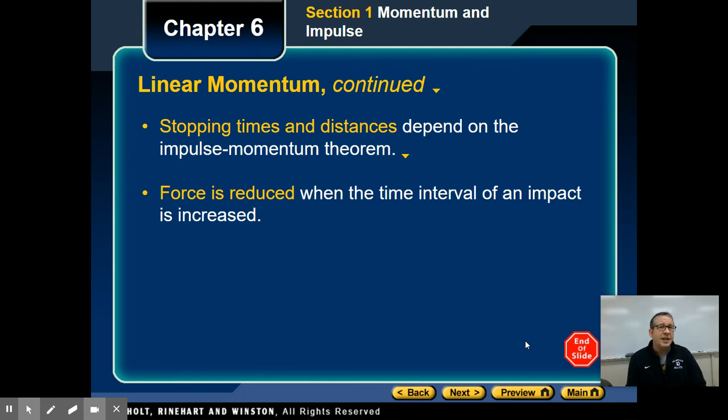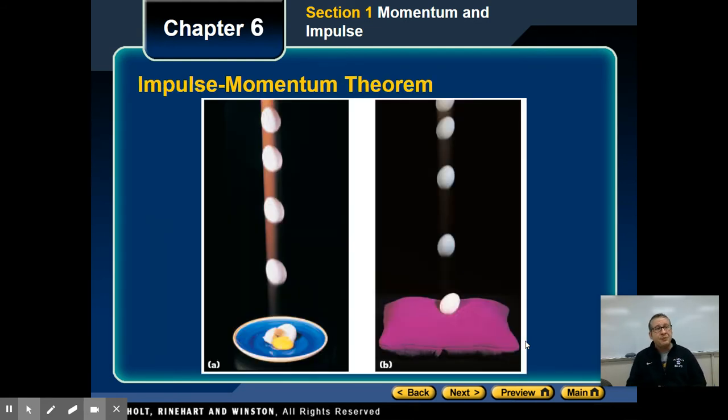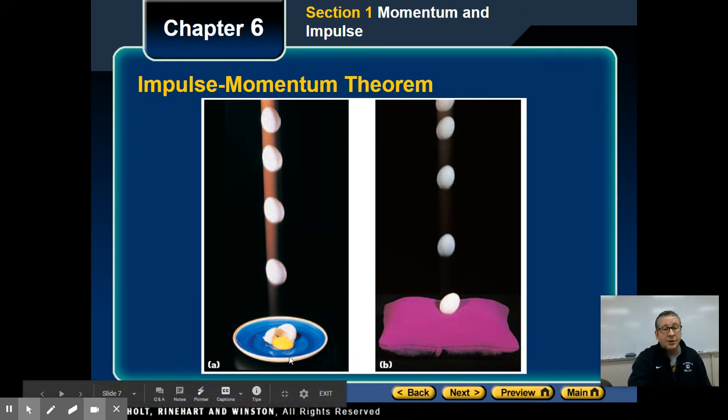So we also see examples when we look at this right here. On the left-hand side, we have an egg that is falling. On the right-hand side, we also have an egg that is falling. The difference here is what the egg is going to land on. In picture A, it's going to land directly onto a hard surface or a plate. In picture B, it's going to land into a nice, soft, cushy pillow. So in A, on the left, when this egg impacts this plate, it's immediate.